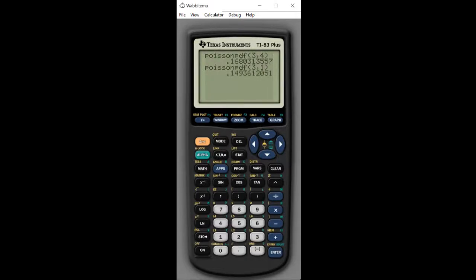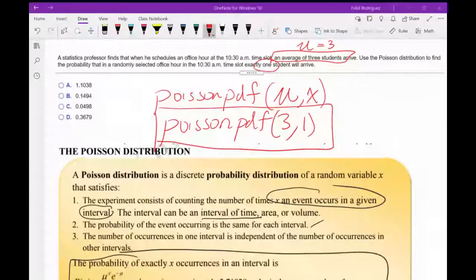I'm going to hit enter, and I'm coming up with 0.14936. So let me stop sharing this and come back to my notes. 0.14936. They're going to 4 decimal places, so that 3 is going to become a 4. And so there's my answer, okay?